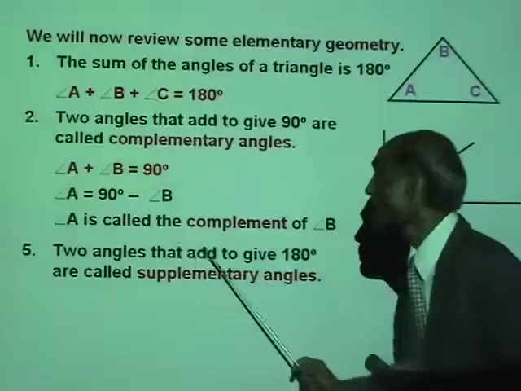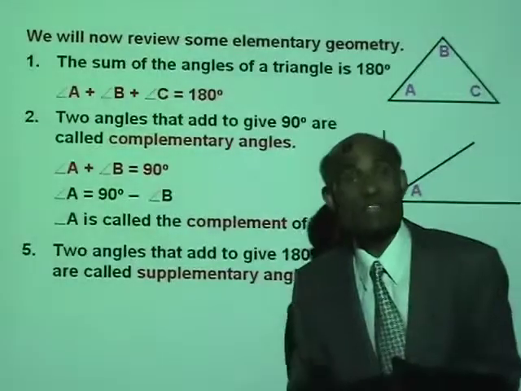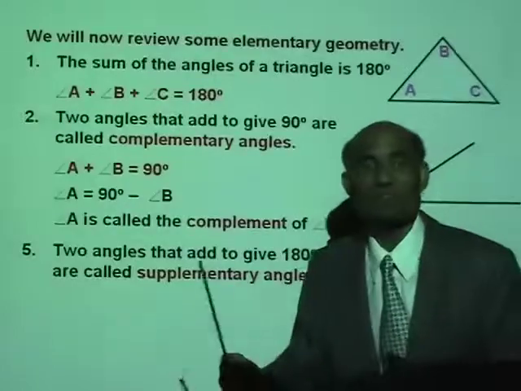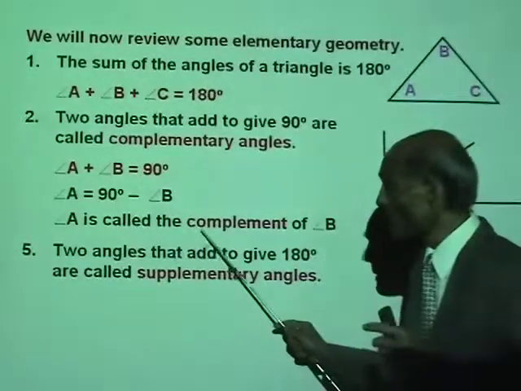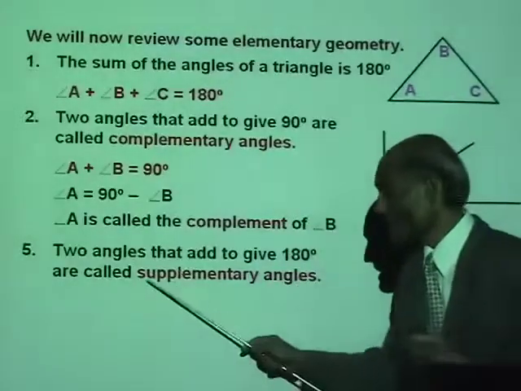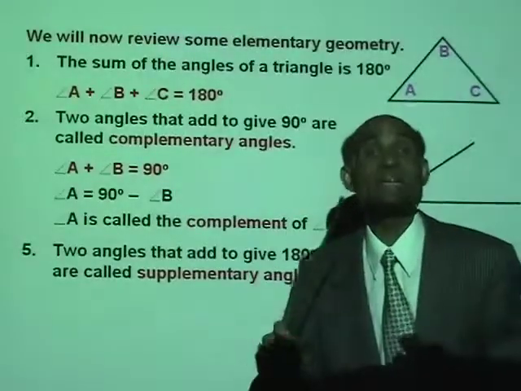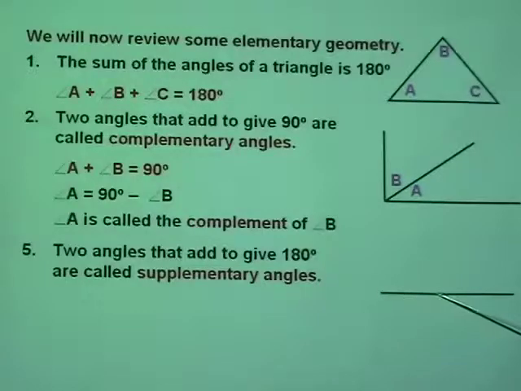If two angles add to give you 180 degrees, then those angles are called supplementary angles. Don't confuse the two. Complementary angles add to give you 90 degrees. Supplementary angles add to give you 180 degrees. Now, look at this. The angle on a straight line is actually 180 degrees.